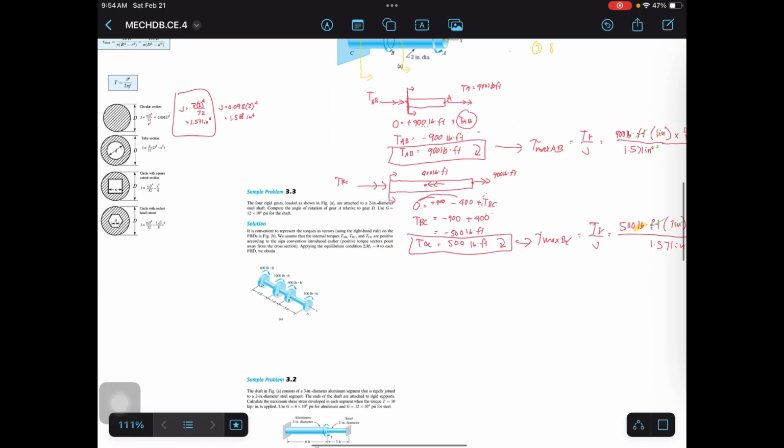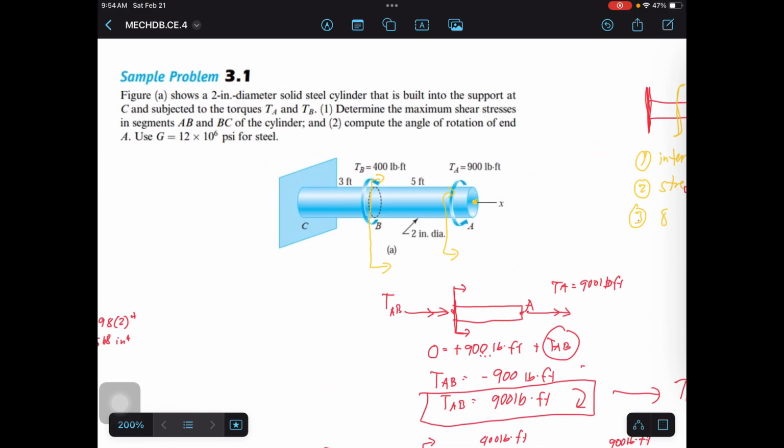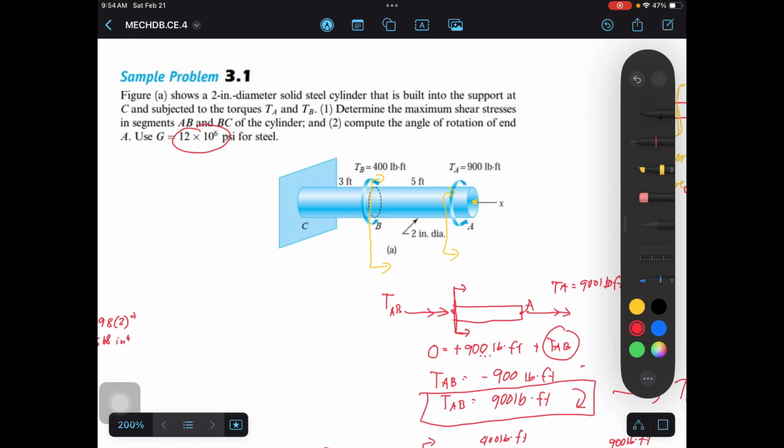So, we have obtained number 1. Number 2 asks for the angle of twist. Our G is 12 times 10 raised to 6 PSI for steel. So, the angle of rotation up to the end, at point A, the total angle of rotation.